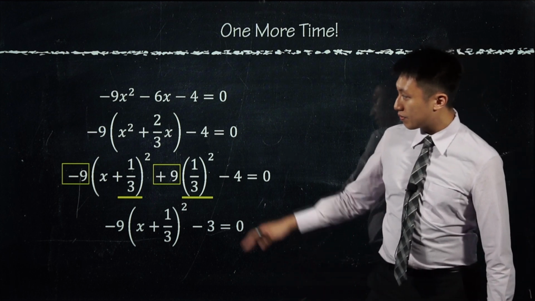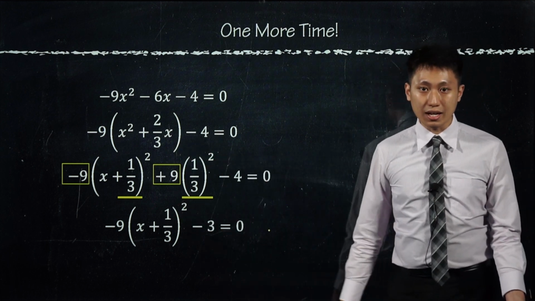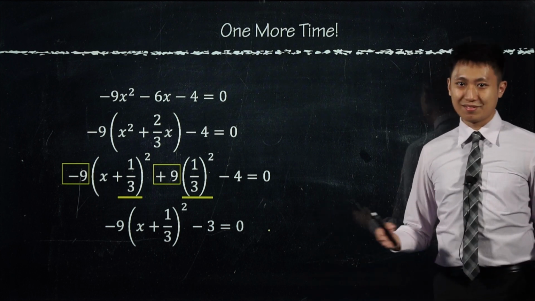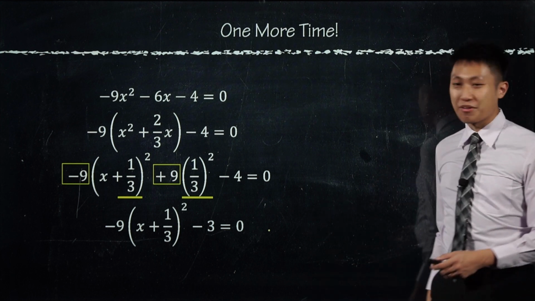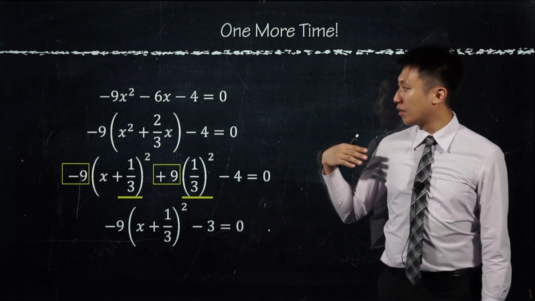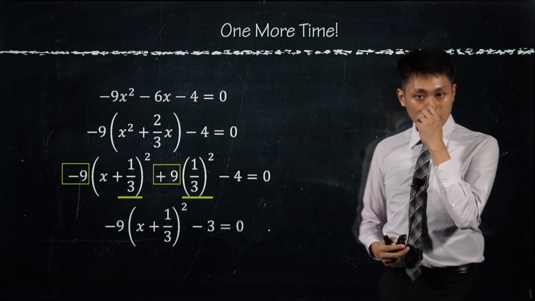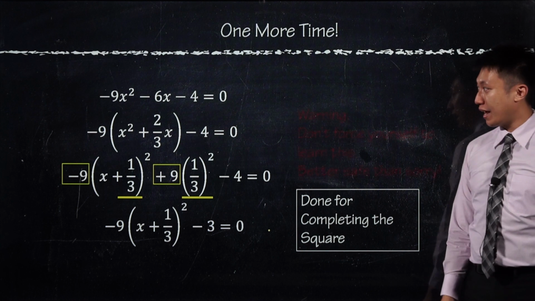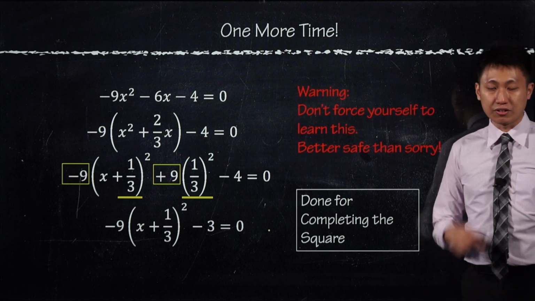Okay. If you are not okay, just rewind it. I mean, get the video back to the previous time. Then you can have what I say just now, then the steps that follow. So here, done for computing a square, and just warn you, don't force yourself to use this method.